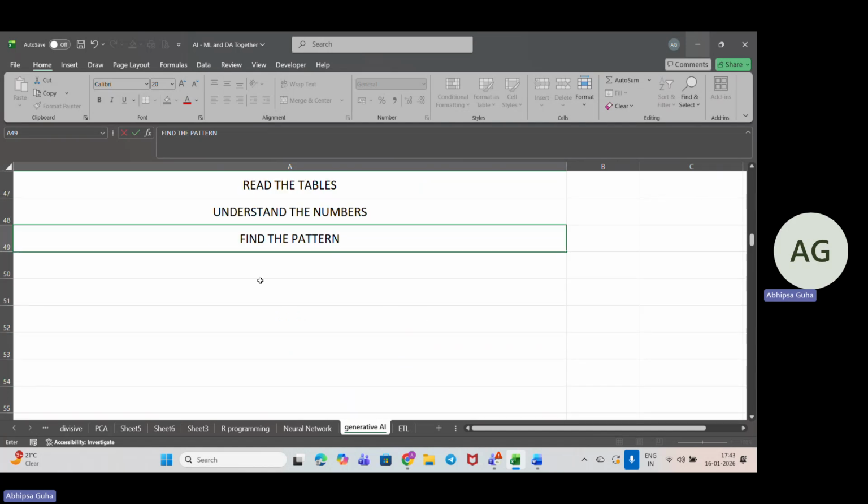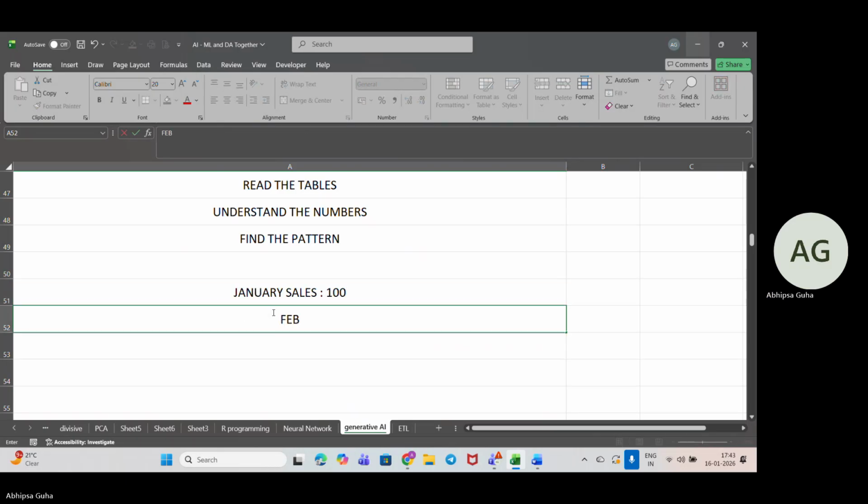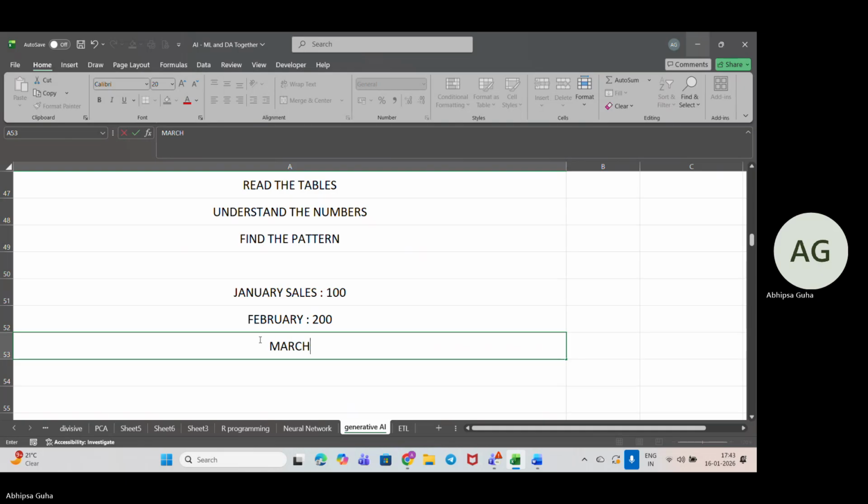Suppose we have some examples. January: what is the sales? Suppose 100. Next we have February, the sales is coming out as 200. Now in March, the sales is coming out as 300.